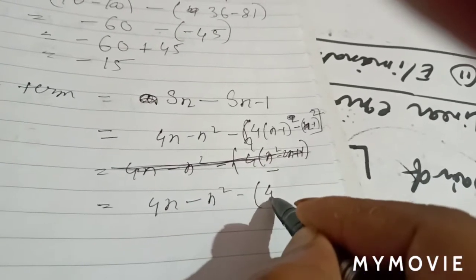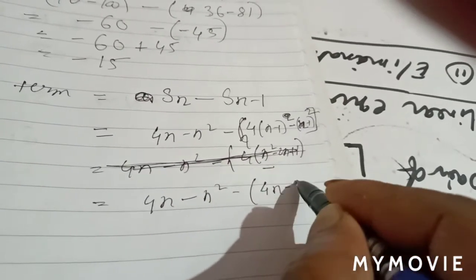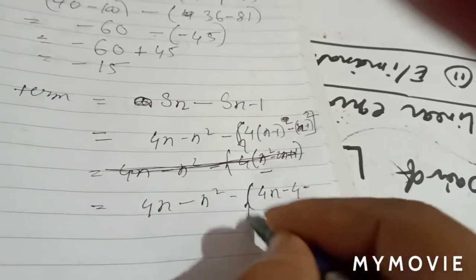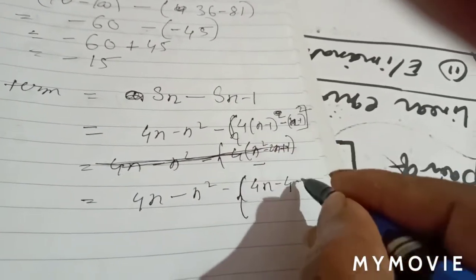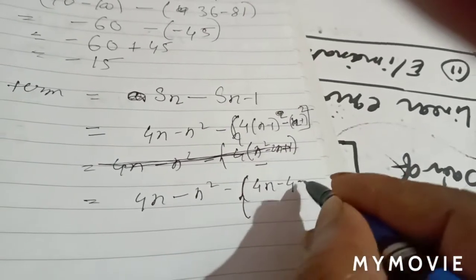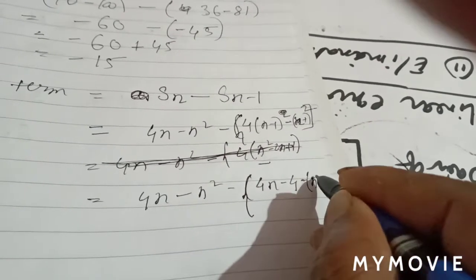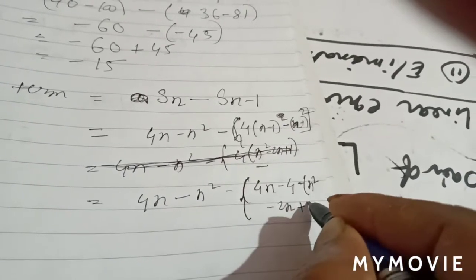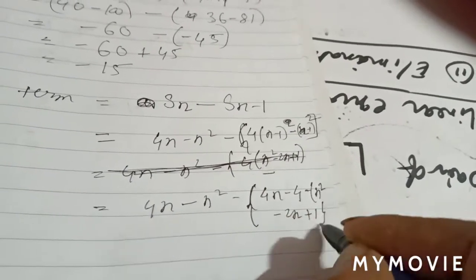Next, 4n minus n square. Then 4 into n minus 1 is 4n minus 4. Here you have to expand (n minus 1) whole square using (a minus b) whole square, which is a square minus twice ab plus b square. B square is 1.